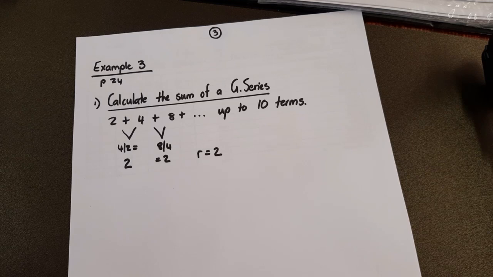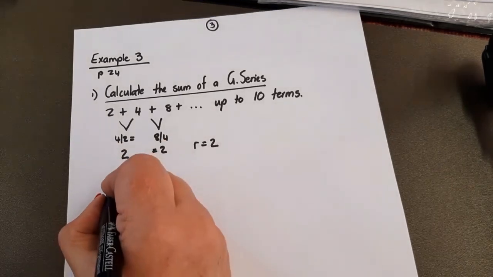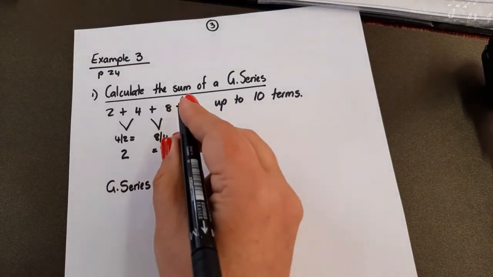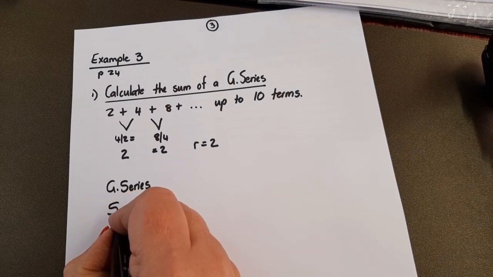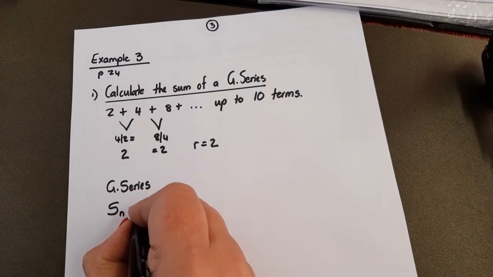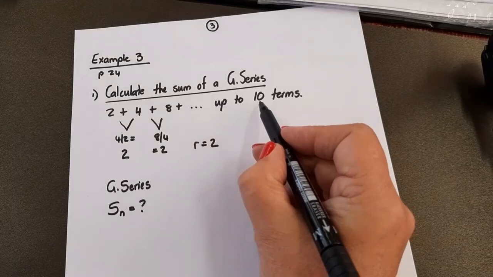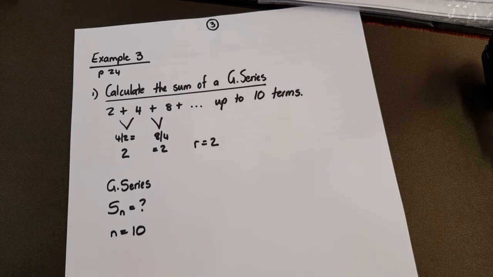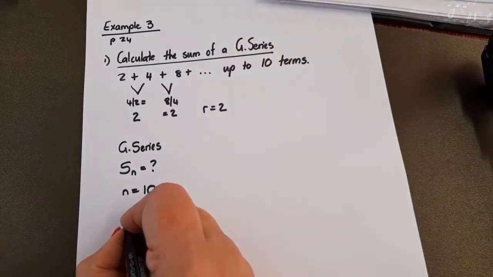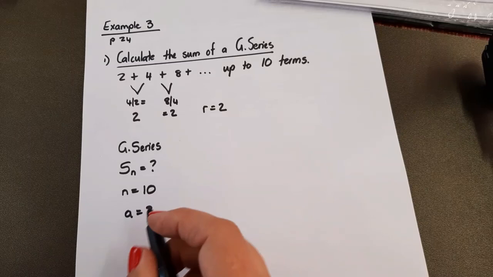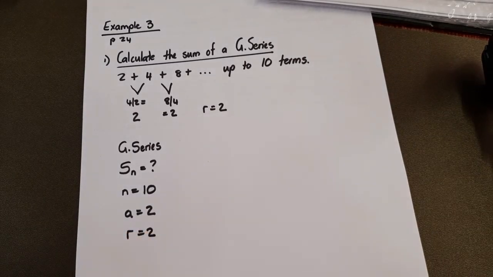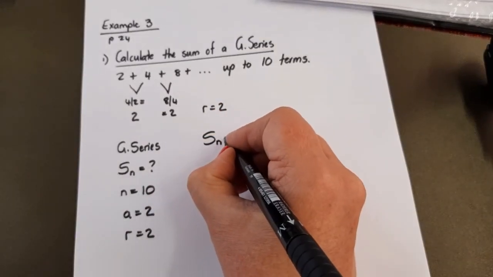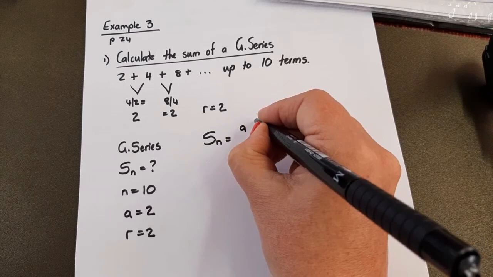Okay, let's write down all the things that we have. We know it's a geometrical series. We have to calculate the sum, so we're going to need the sum formula. Up till 10 terms, so n will be 10. We have a, it's 2, and we have r, it's 2. Because it's a geometrical series, we're going to use the geometrical series formula.